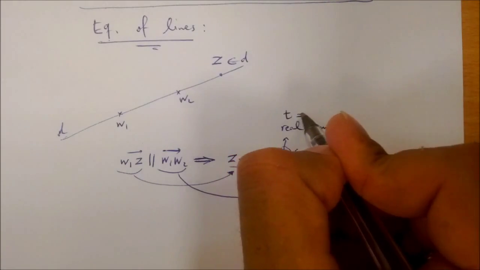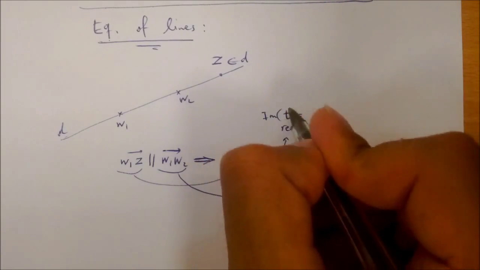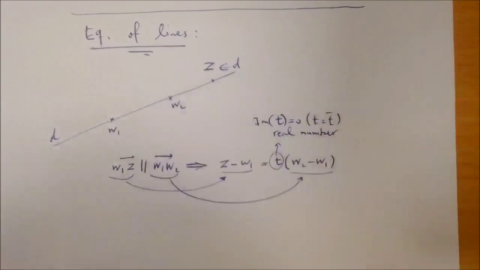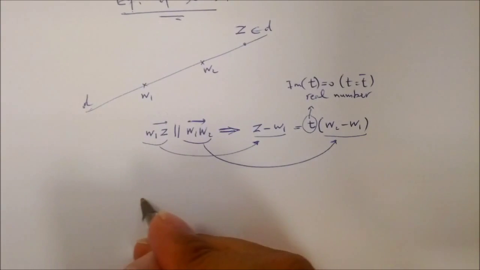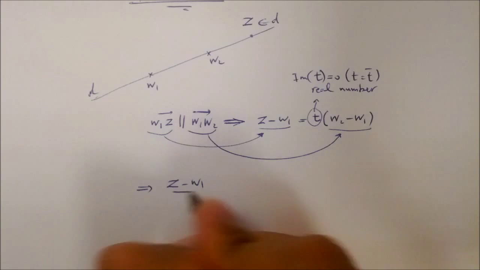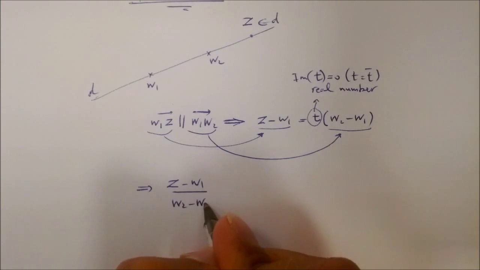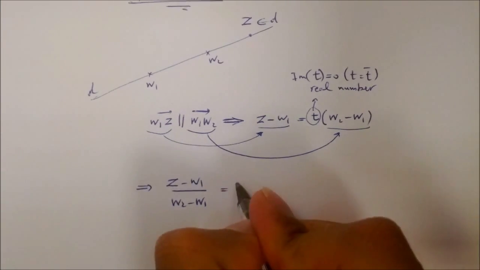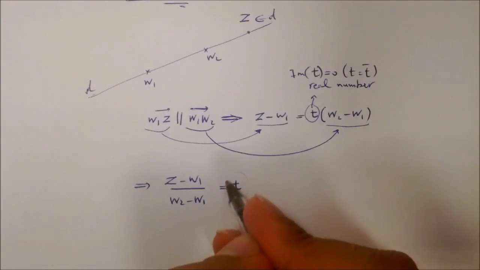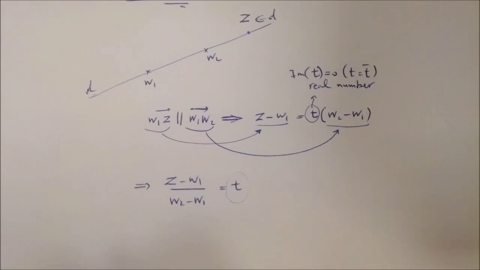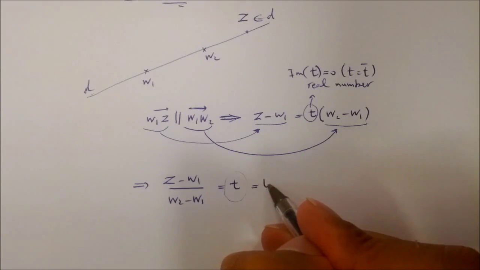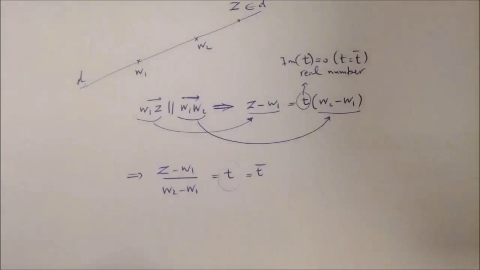So t, in fact, the imaginary part of t is equal to 0, or t is equal to t bar. Consequently, I have (z minus w1) over (w2 minus w1) is equal to t. In order to get rid of this parameter t in this equation, I'll use this basic equation.